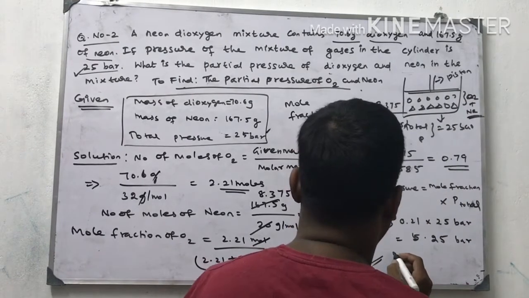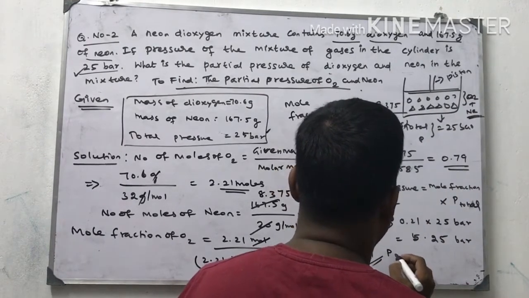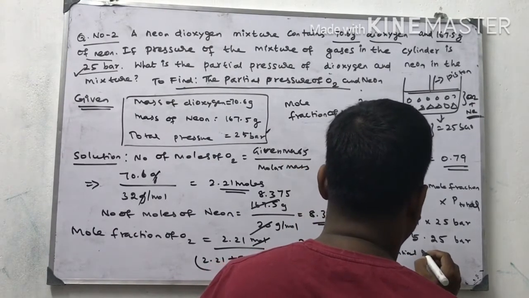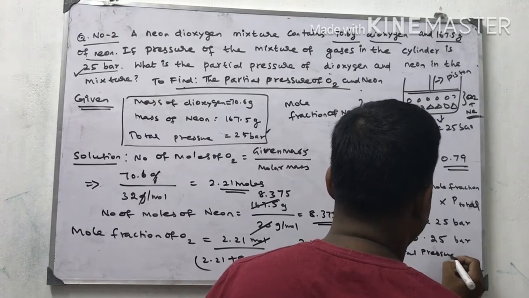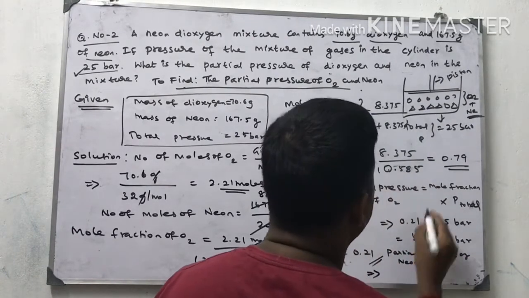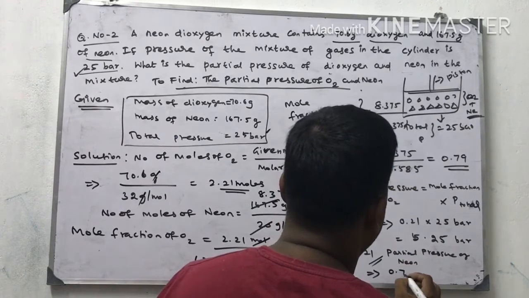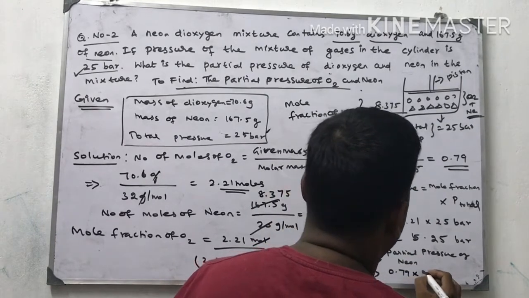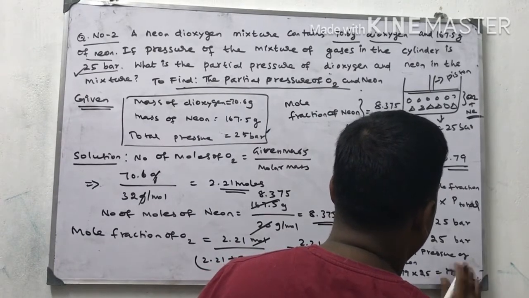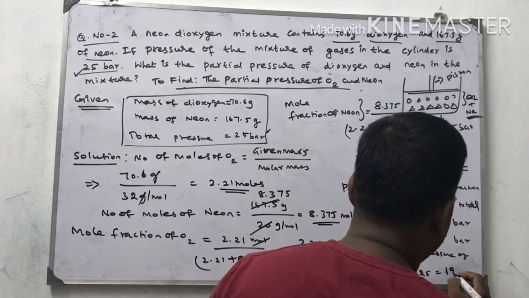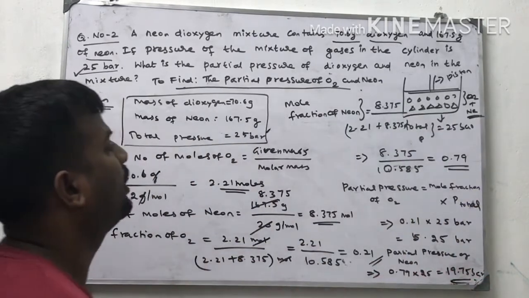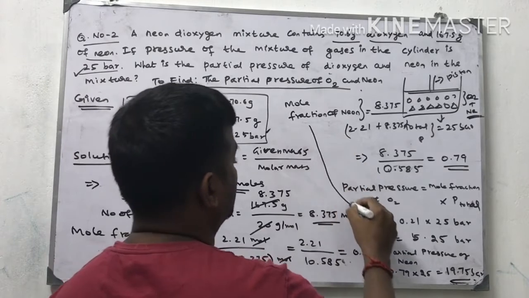Next one, partial pressure of neon is equal to, the formula is mole fraction 0.79 into 25 is equal to 19.75 bar. So in this way we have found the partial pressures.